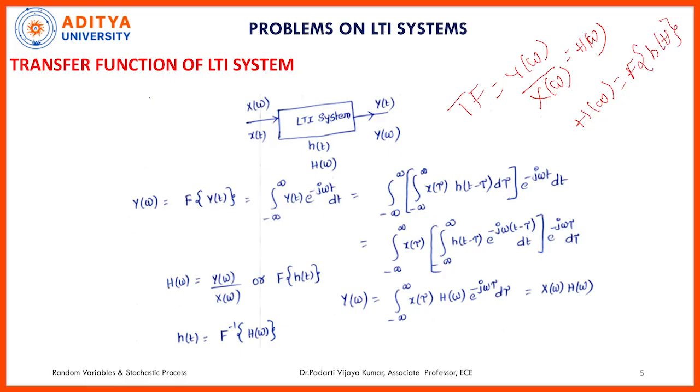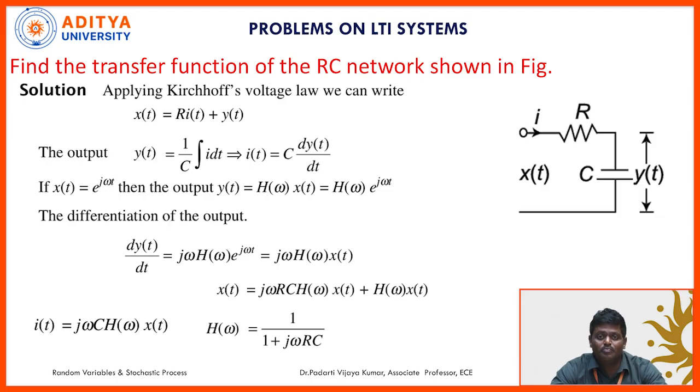Now, these relations will be useful in solving the problems. You can see here y of omega is x of omega into h of omega, or else h of omega can be computed as the Fourier transform of h of t, and the impulse response can be computed as the inverse Fourier transform of h of omega.